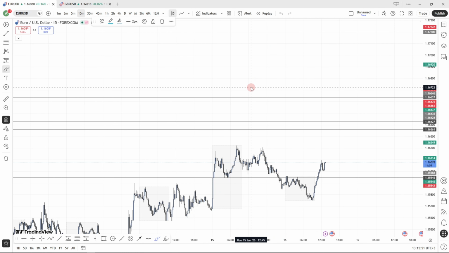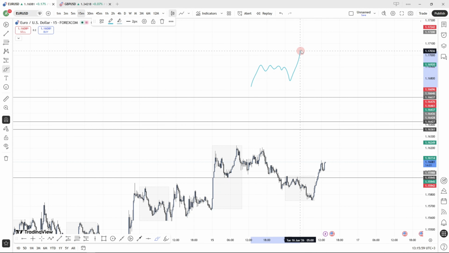Now since we are bullish, this is what we are going to do. Asian accumulating, London manipulating, New York distributing, or Asian accumulating the same way, and then it manipulates, and then London distributes.